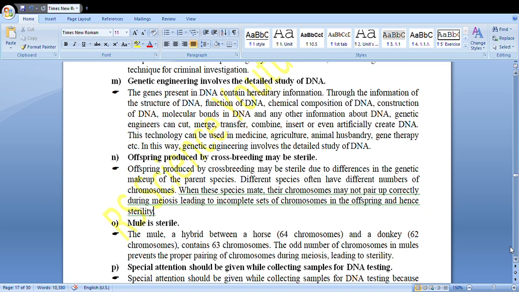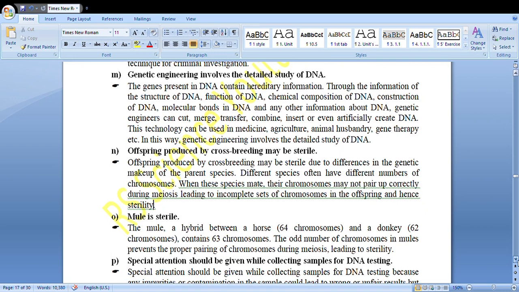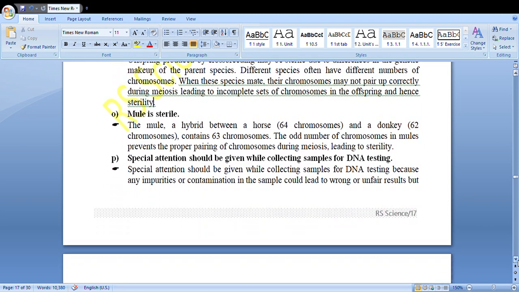A mule is sterile. A mule, a hybrid between a horse, which has 64 chromosomes, and a donkey, 62 chromosomes, contains 63 chromosomes. The odd number of chromosomes in mules prevents the proper pairing of chromosomes during meiosis, leading to sterility.